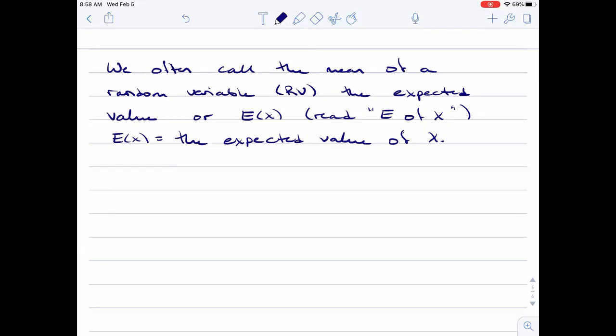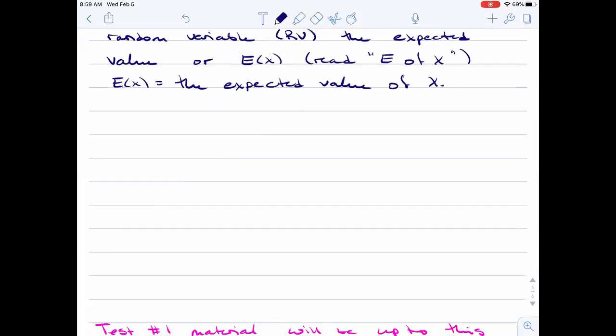So the way we've been calculating the mean assumes that all the possible outcomes have the same probability, right? That's not always the case. We saw from those probability distributions that we could have some outcomes that have a higher probability of happening than other outcomes.